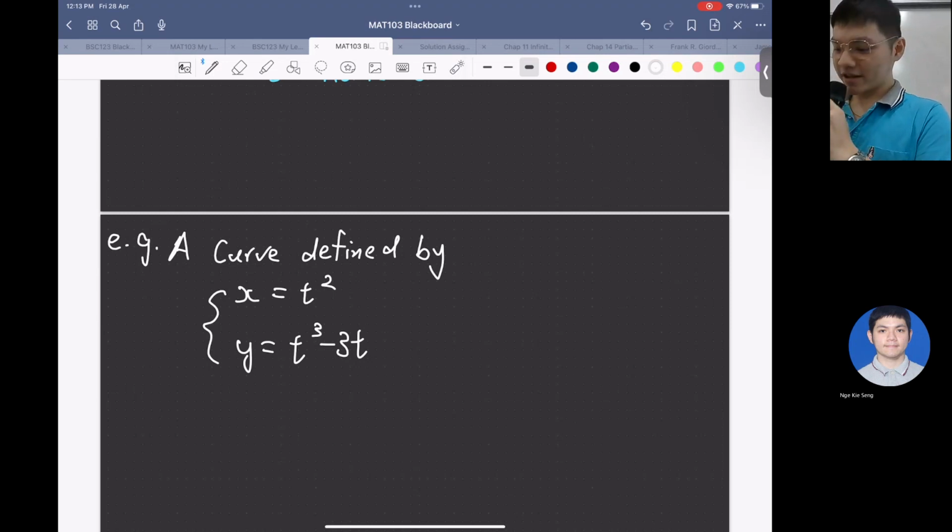Okay, so let's look at this curve. This is a curve defined by two parametric equations. The x component is controlled by t, and the y component is also controlled by t.